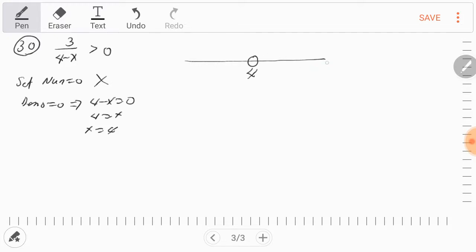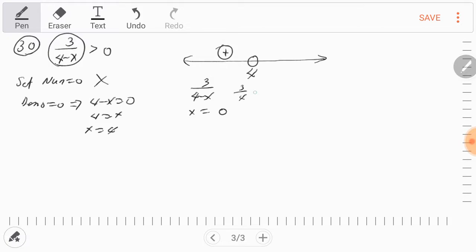So there are two intervals. Let's check the sign of this expression, 3 over 4 minus x, for each interval. Let's say x equals 0, which is less than 4. Plug in 0, then 3 over 4 minus 0 is 4, so that is positive.